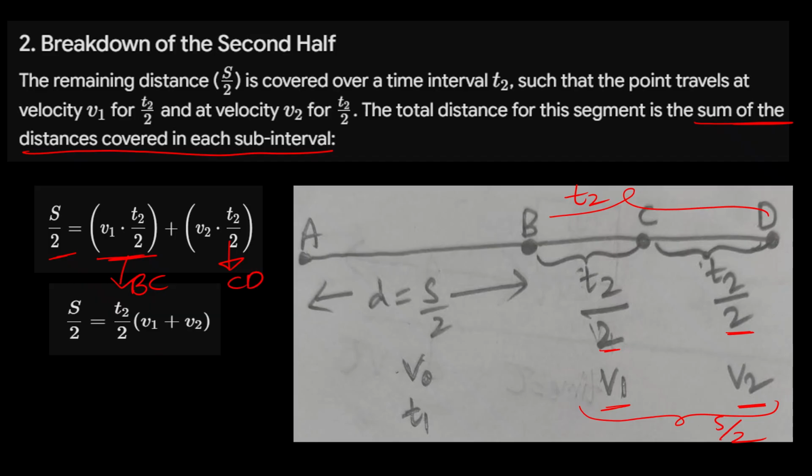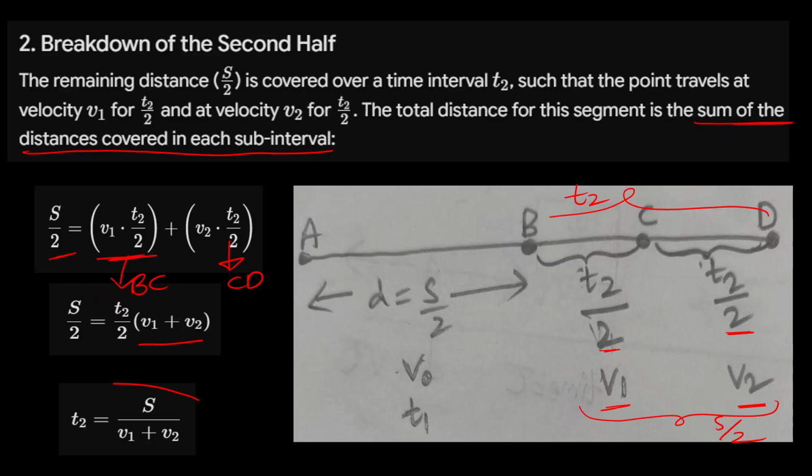If we factor out t2 over 2, the equation becomes s over 2 equals t2 over 2 multiplied by the sum of v1 plus v2. By cancelling the denominators and rearranging, we can solve for t2 to get our final expression for this part, t2 equals s divided by the sum of v1 plus v2. This gives us the time taken for the second half of the journey.